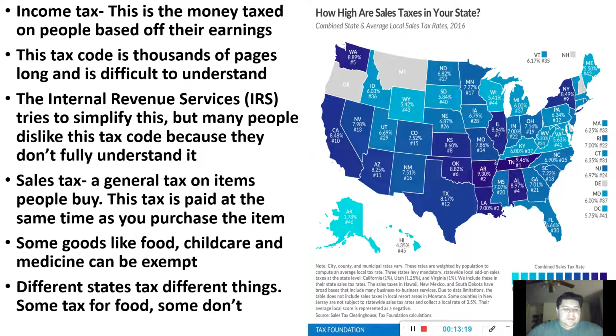Like I said, some places tax food, some don't. Some tax sodas, some don't. It all depends on which state. Again, that's why it's so difficult to get a grasp and say for certain this is that, and this is this. It's not like that when it comes to taxes.